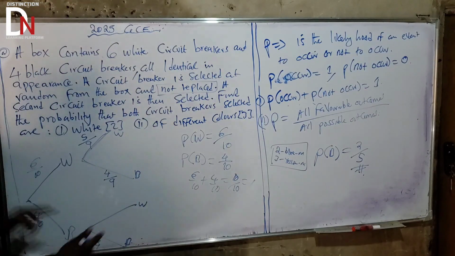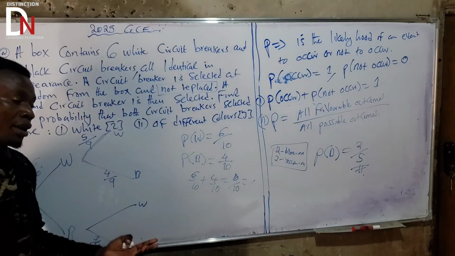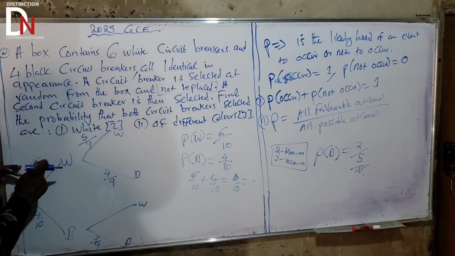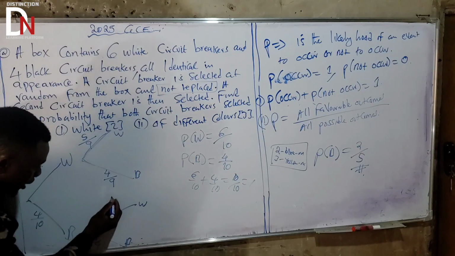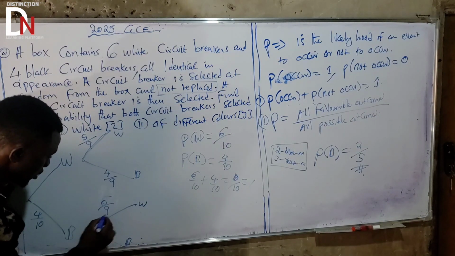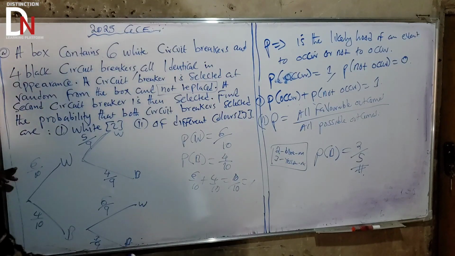Why? Because I've selected a black circuit and I haven't replaced it. What happens to white? White here is 6, but the total number will change. It will be 9. Why? Because a black circuit breaker was selected and not replaced.